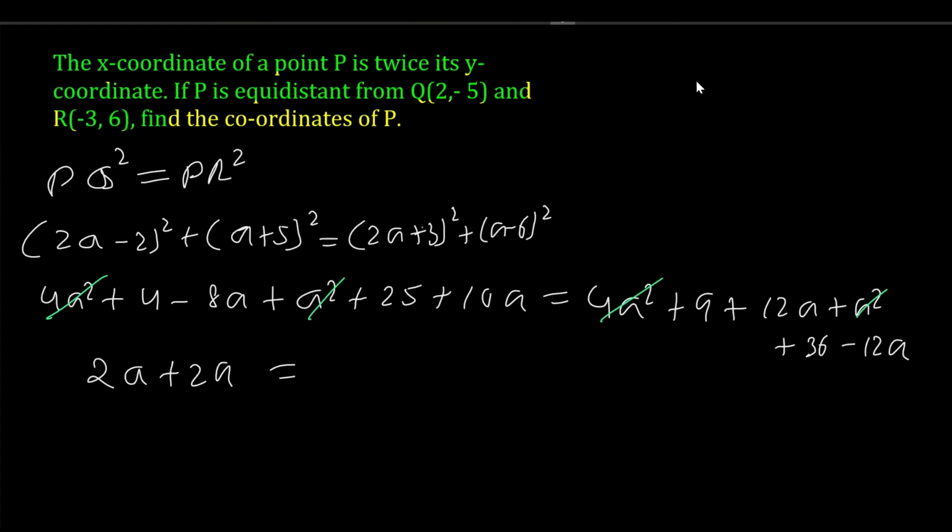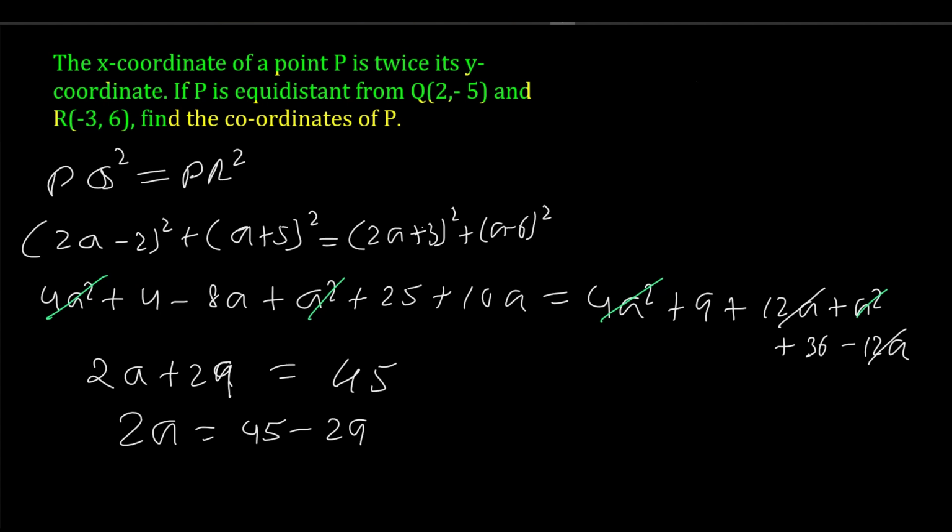On the right hand side, 12a and minus 12a get cancelled. And as a constant, we have 9 plus 36. How much is 9 plus 36? That should give you 45. This is 45 and this is 29. So if I transpose the 29 to the other side, it should be 45 minus 29. So we are simplifying it.